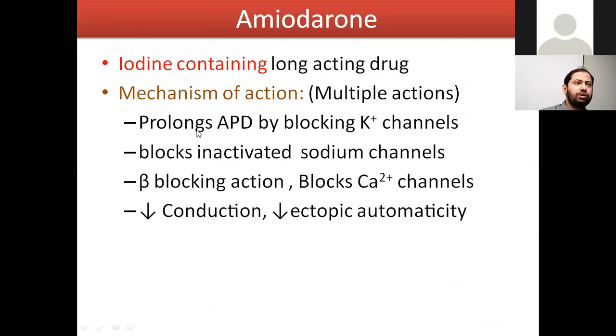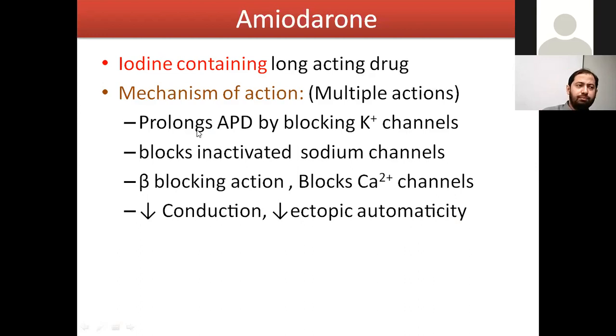So if we talk about Amiodarone, which belongs to the class 3 antiarrhythmic drugs, it is an iodine containing long-acting drug. And this drug has multiple mechanisms of action. It prolongs the action potential duration by blocking potassium channels.